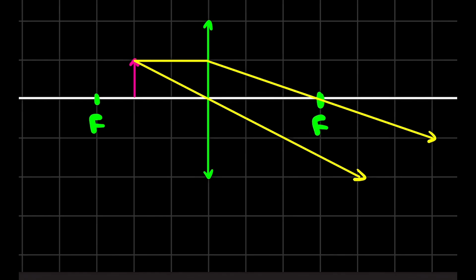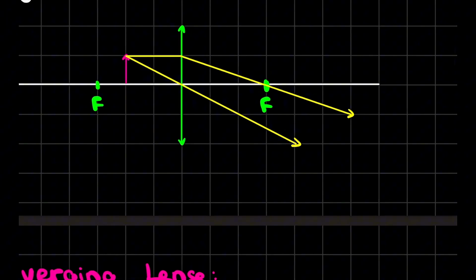As you can see, it's a little bit of a problem. We can also use the third one, through this focal point. But to not complicate it right now, let me not draw it. Maybe I will draw it in the next videos when we solve a little bit harder problems. But right now, I don't want you to be confused.